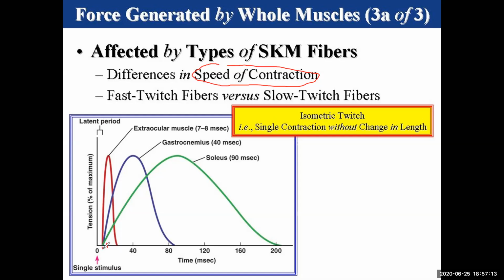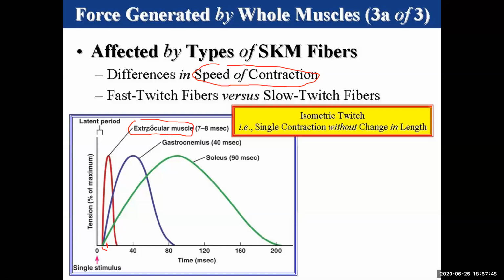That's how much time it takes the extraocular muscle to contract. These extraocular muscles are basically 6 skeletal muscles that insert into your eyeball: the superior rectus, inferior rectus, medial rectus, lateral rectus, superior oblique, inferior oblique. Remember those in anatomy? Extra means outside, so extraocular.